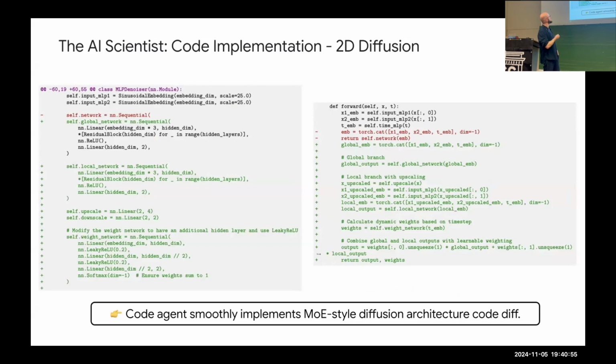In this dual scale denoising idea, we're doing 2D diffusion, and we're now using two different networks for generating images at different timescales or patch scales. And in green, you can see the code diff, and you can see that Aider, or the foundation model, correctly implements two networks and separates out these computations in the forward pass.